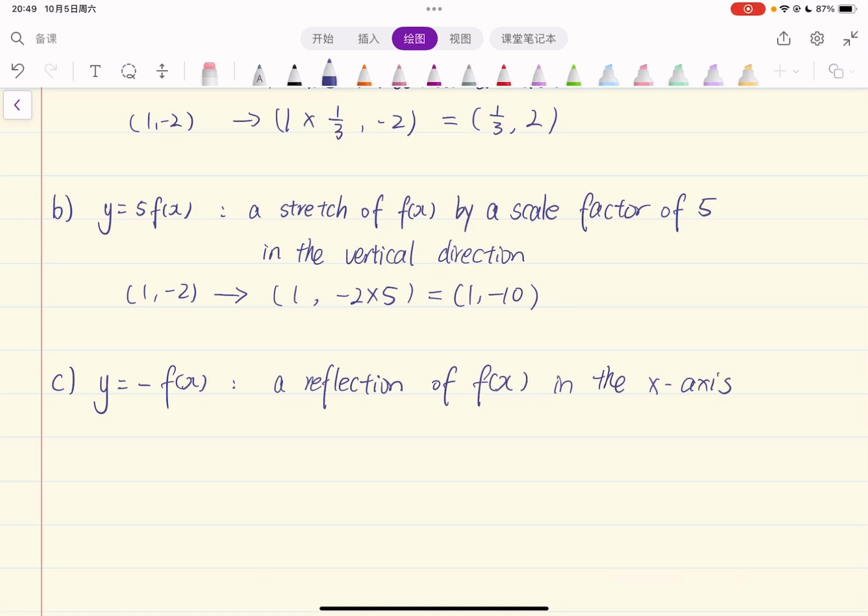That means for (1, minus 2), the y coordinate has changed. It becomes (1, minus minus 2), which equals (1, 2). That is the new point.